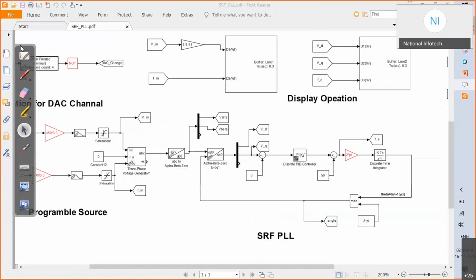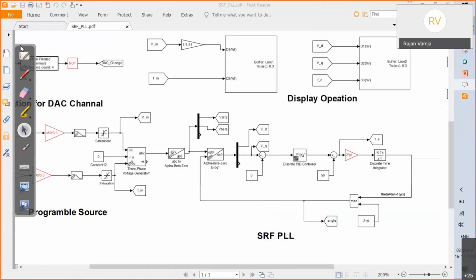Now let me explain this code where we have programmed the LCD, then the ADC, in the MATLAB environment.